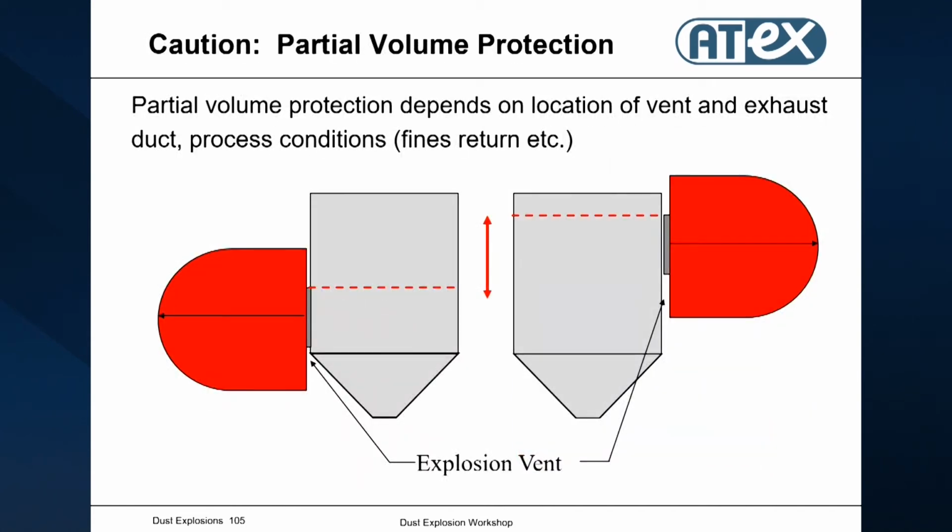Sometimes people are talking about partial venting. If you, for example, have a dryer or other equipment where the dust cloud is only in the lower part of the vessel, then you have a good chance that you do not need to take the full volume into account.